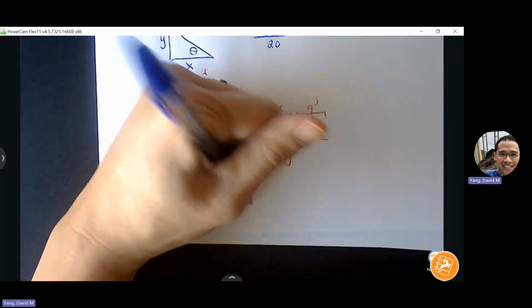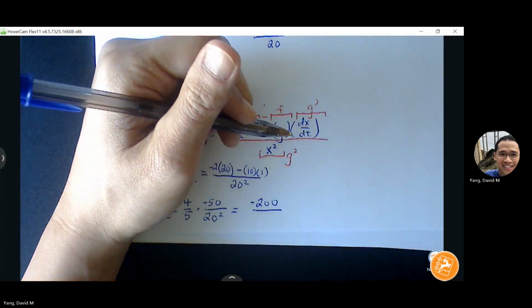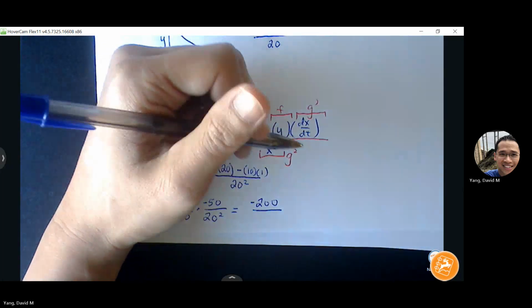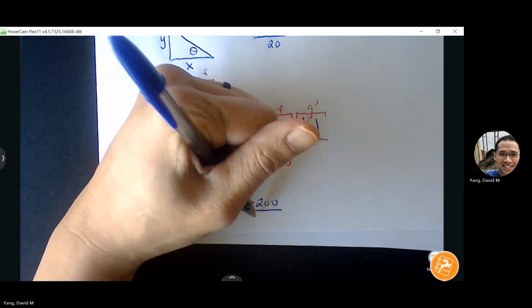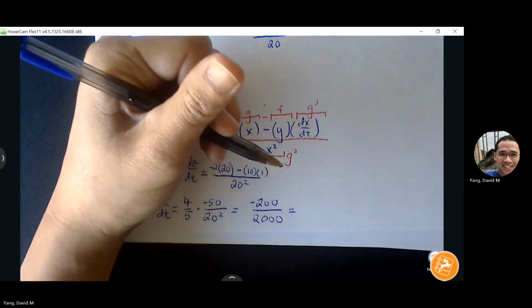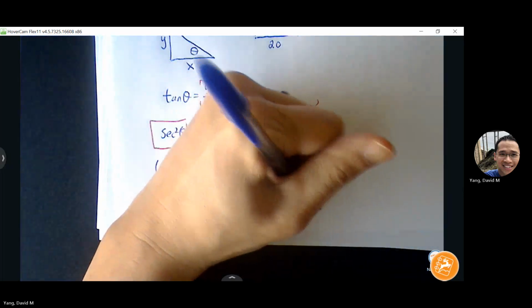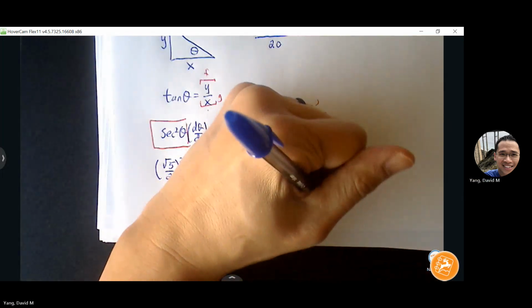Use your calculator. Okay, what's our unit of measure here? Radians.